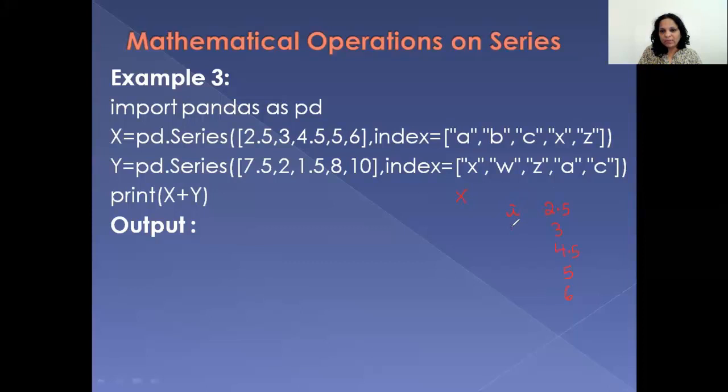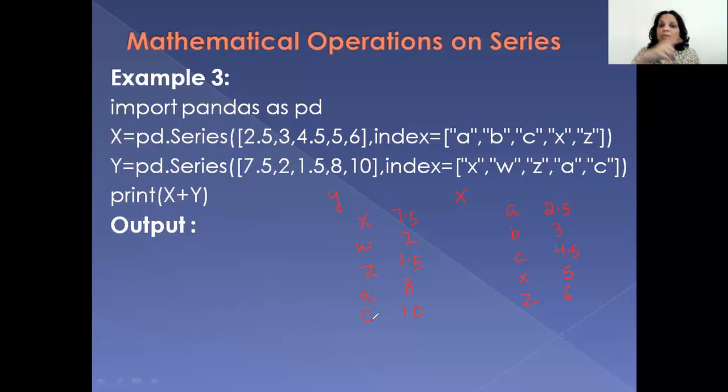So I have A, B, C, X, and Z. I have Y also with me, let me draw it here, with values 7.5, 2, 1.5, 8, and 10. And the labels are X, W, Z, A, C.